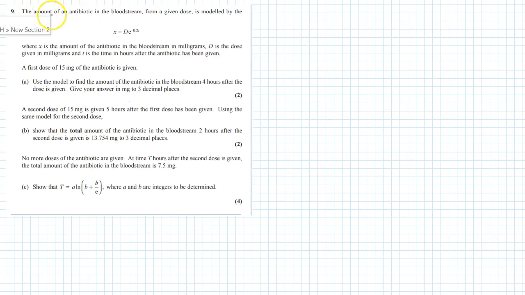Question number 9. The amount of an antibiotic in the bloodstream from a given dose is modeled by the formula x is equal to d e to the power minus 0.2 t. X is the amount of antibiotic in milligrams.